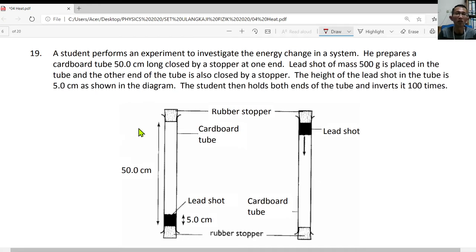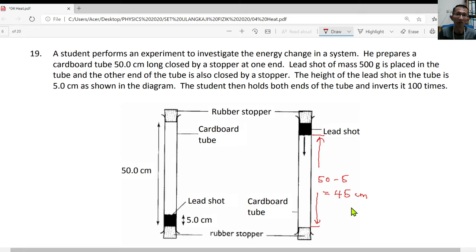A student performs an experiment to investigate energy change in a system. He prepares a cardboard tube. The length of this cardboard tube is 50 cm, and the lead shot is 5 centimeter. If we invert the tube, the lead shot will travel from here to here. What is the distance here? It must be 50 minus 5, so the distance traveled would be 45 centimeter.